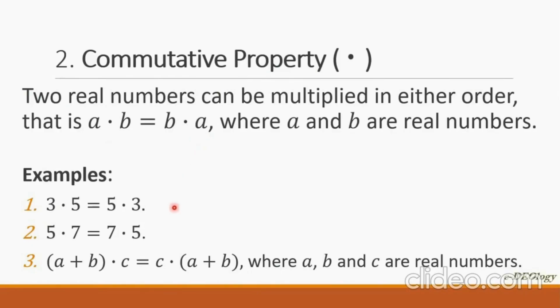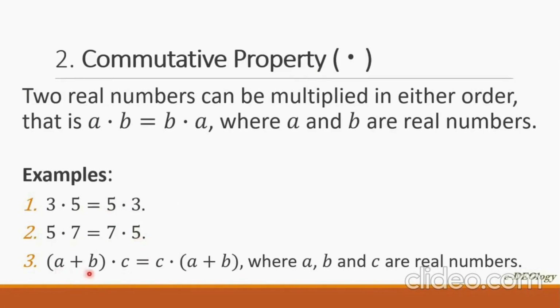Let's see the example number 1. 3 times 5 will be equal to 5 times 3, and both of them will be equal to 15. Example 2, 5 times 7 is the same with 7 times 5. In example 3, we have three letters here.